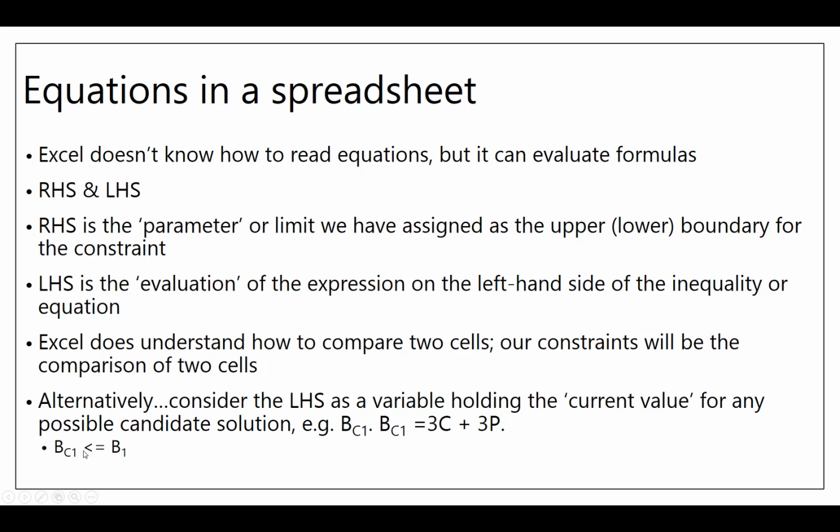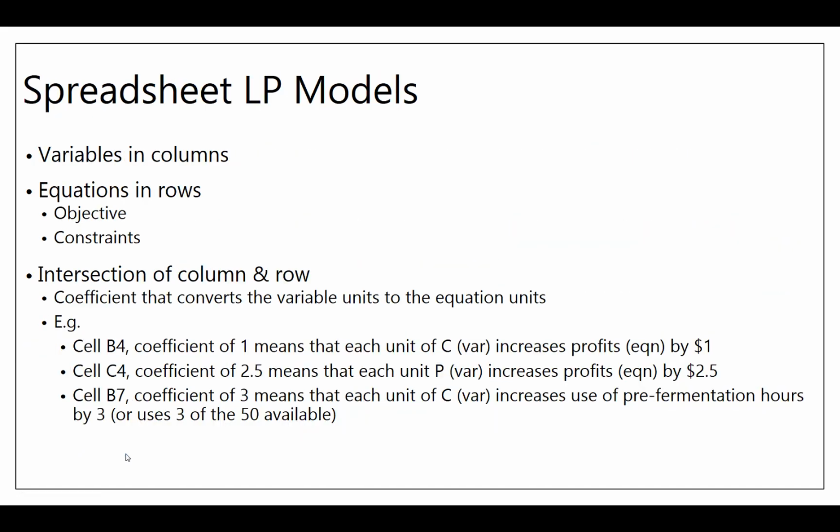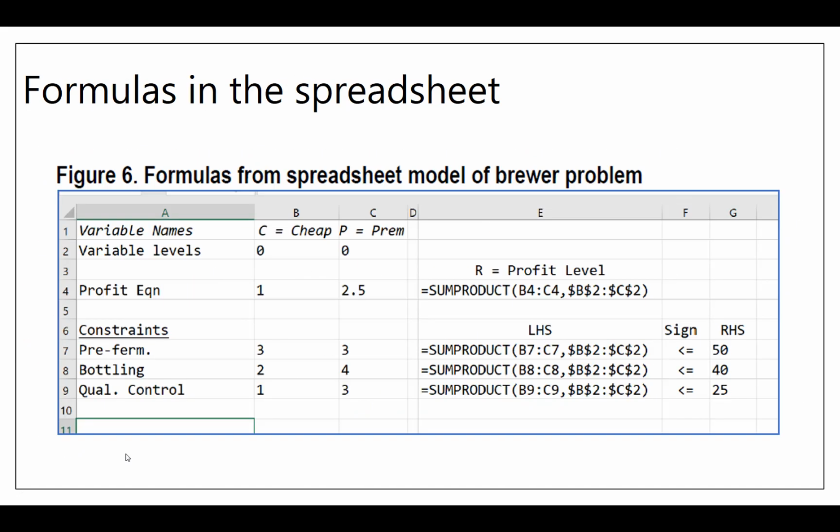And then what Excel actually does is take that candidate value and compare it to the fixed value, the hard limit that's been set by the problem definition. And then, figure 6 in your handout actually shows you those Excel formulas that go in the left-hand side. The SUMPRODUCT is what we use, and I've already talked through that.